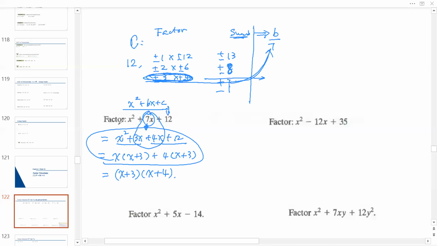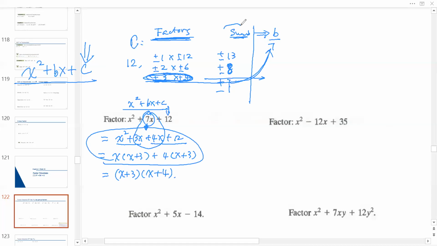That's what I say. In these kinds of expressions, x squared plus bx plus c, first we factor this c, this constant term, and find their factors. Group, find factors, at least 2 factors, right?